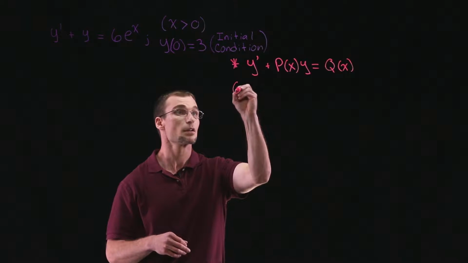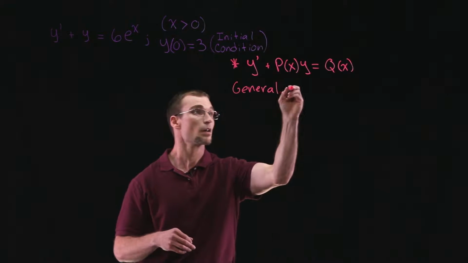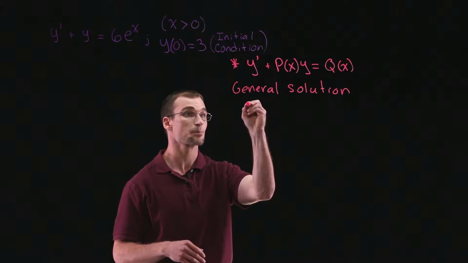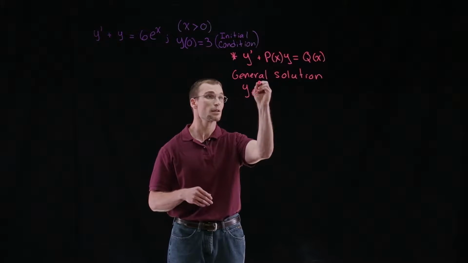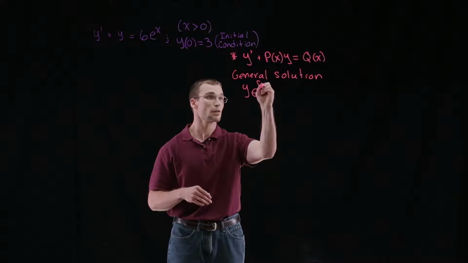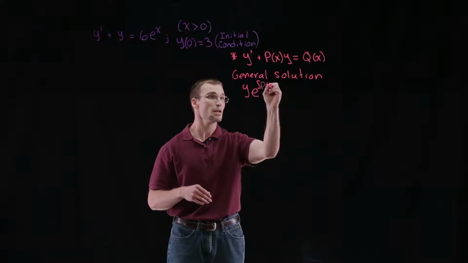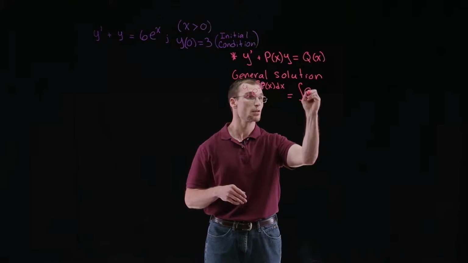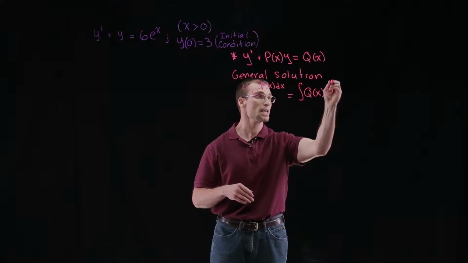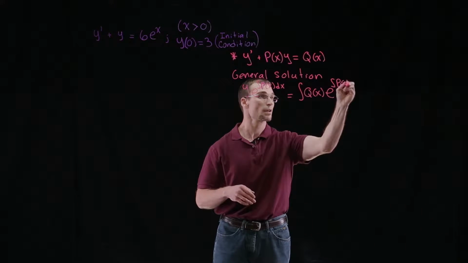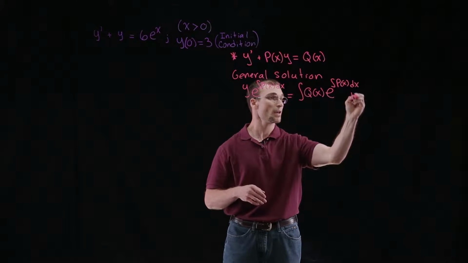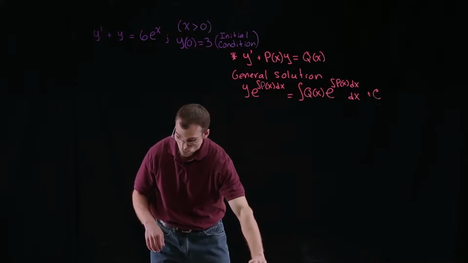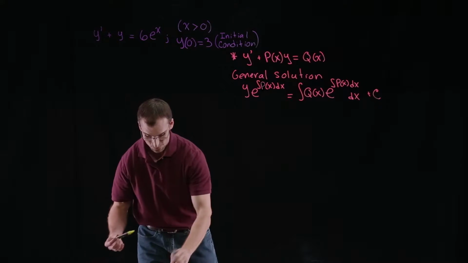And the general solution to this can be found by y times e to the integral of p of x dx equals the integral of q of x times e to the integral of p of x dx, and dx downstairs, plus some general integration constant c. So using that, we'll go ahead and get started.